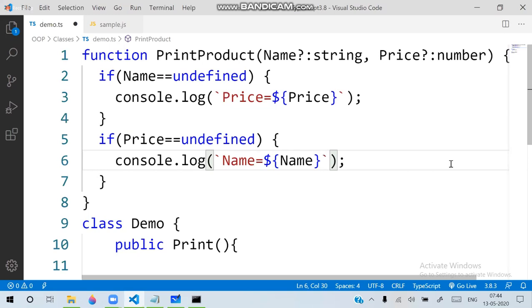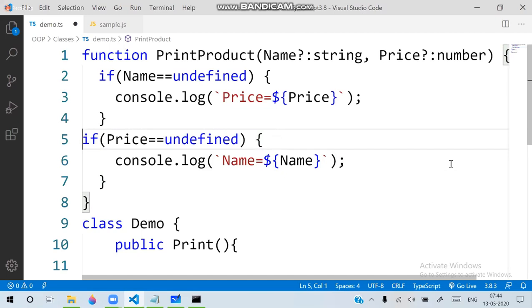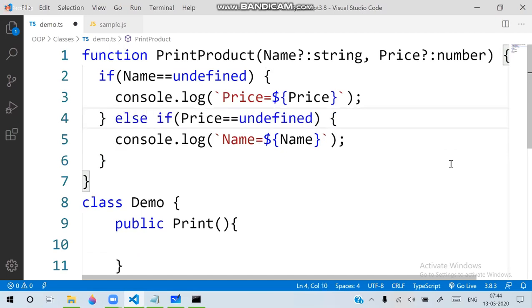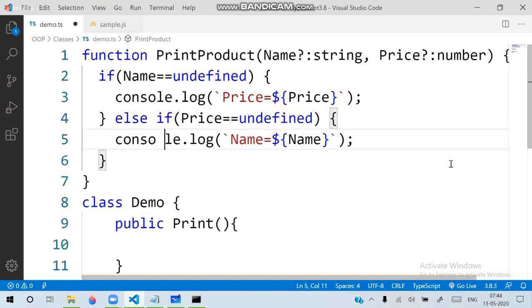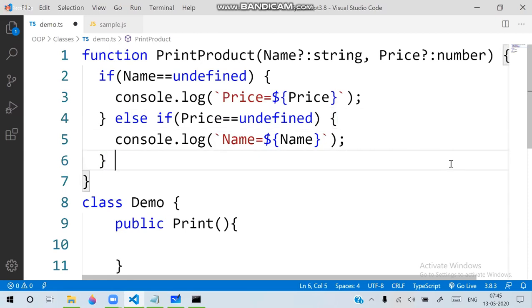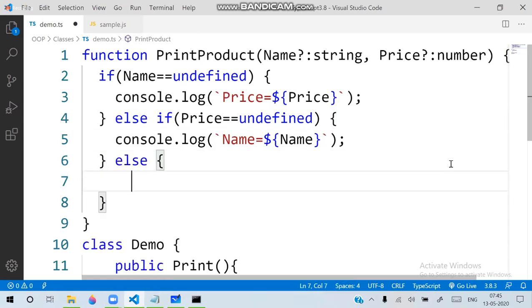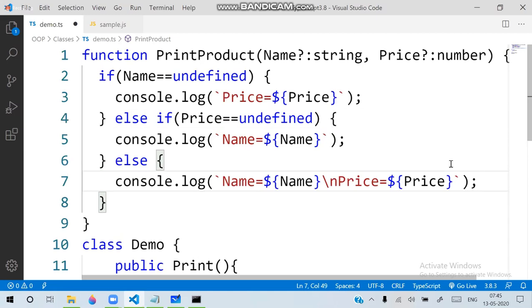That means we are defining undefined here. If name is undefined, what to do? Else if price is undefined, what to do? Else, I will add this because I need a multi-level hierarchy, so I am using else if. And else, that means both are defined, so it has to print both details.